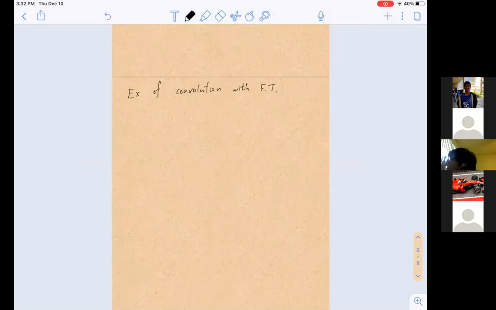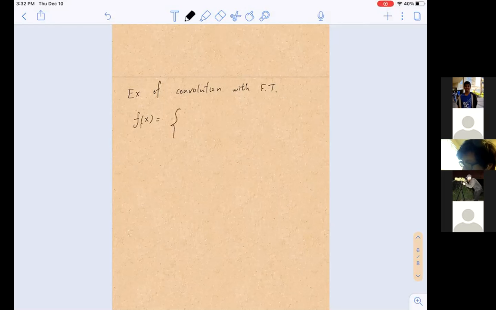So what's something that's easy to find a Fourier transform of? I don't have to solve something. Okay, let's say we have a top hat function, zero elsewhere.